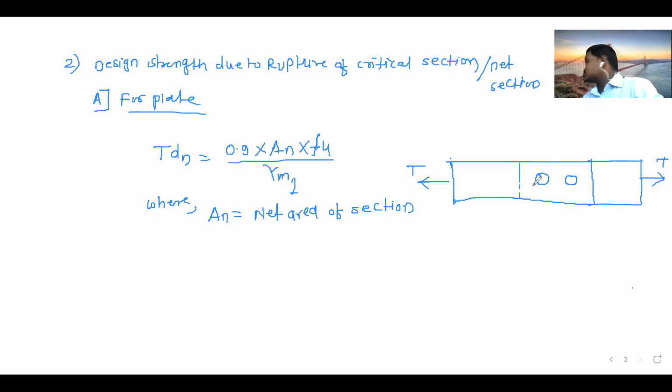Two plates we have connected with the bolts, and if we apply the tensile force on this bolt, how does failure due to rupture occur? See, rupture of critical section or net section, it means what? Please concentrate here.